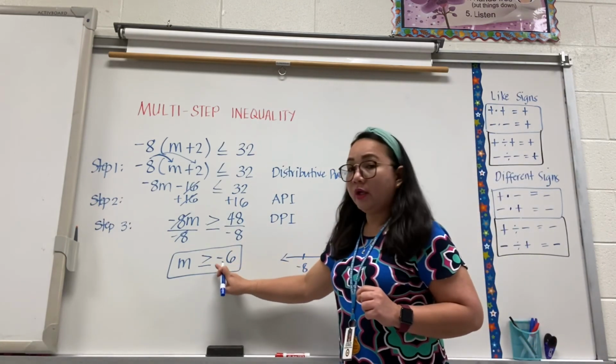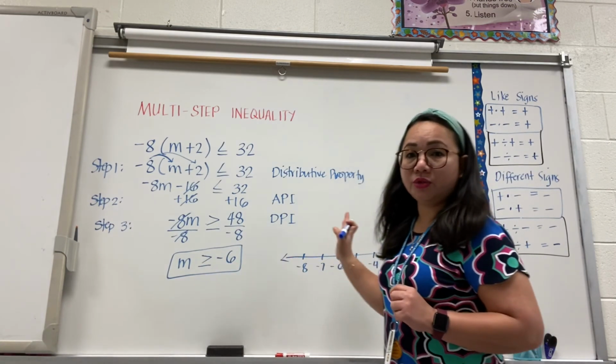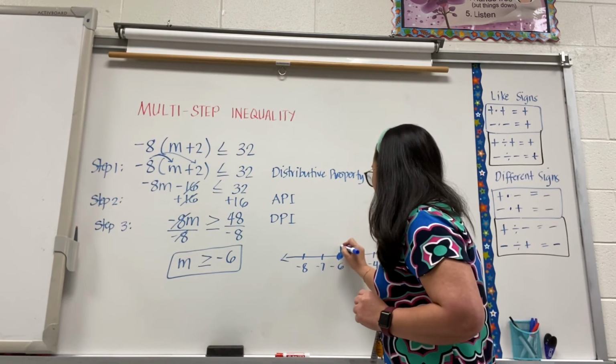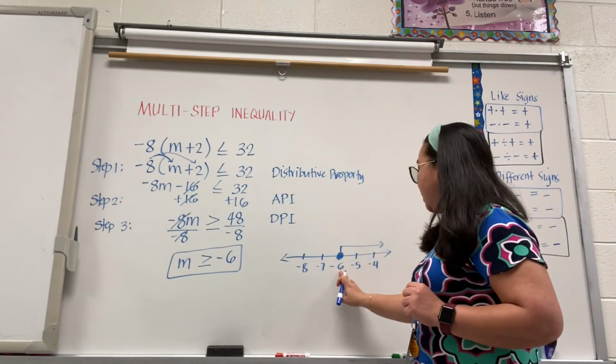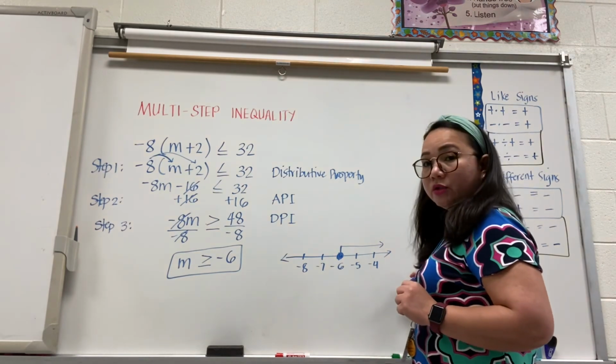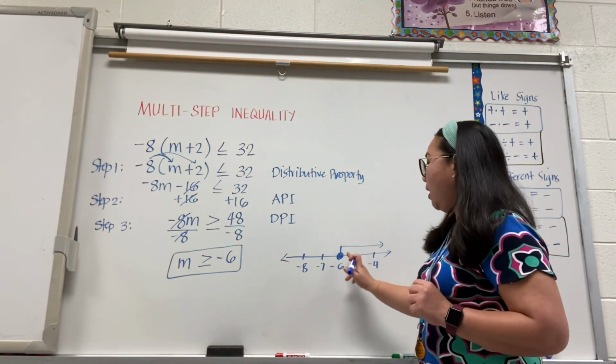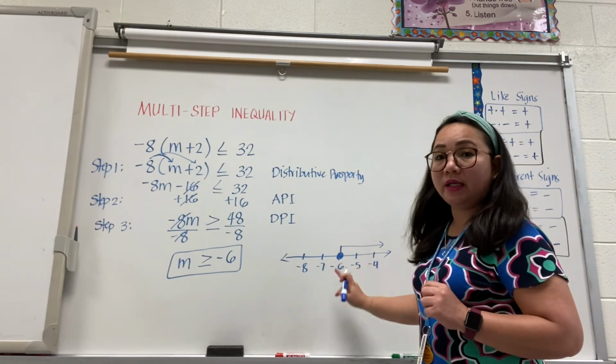Greater than or equal to, the direction is going to the right. So the solution is from negative 6 to the right, of which negative 6 is included.